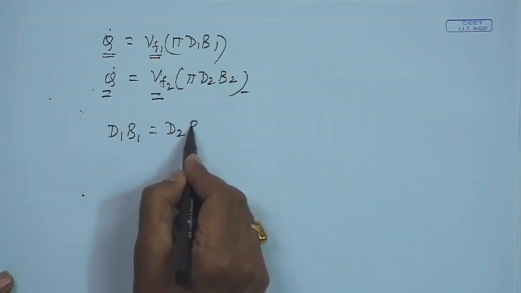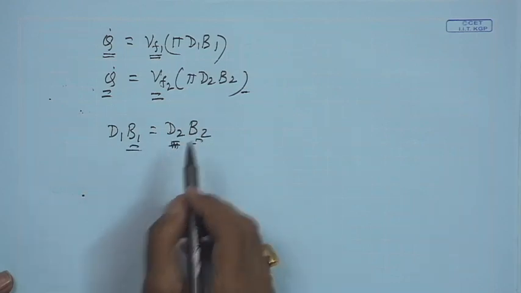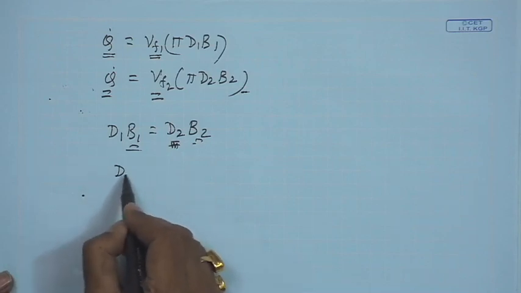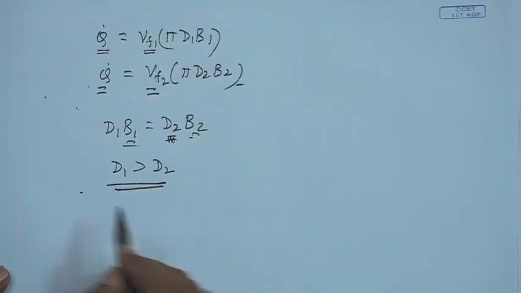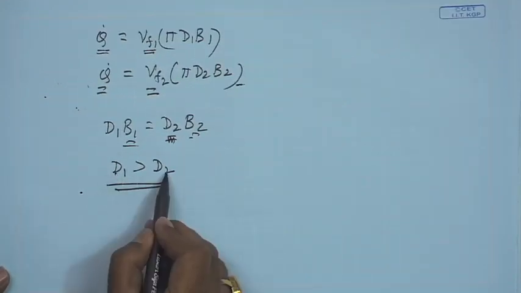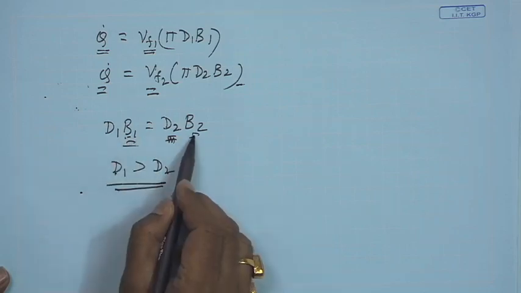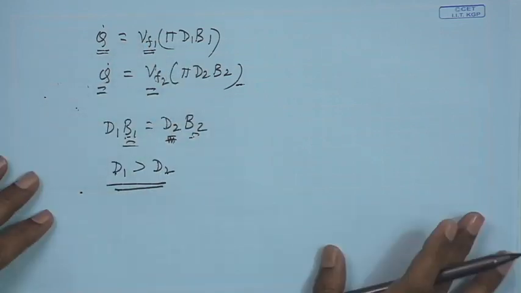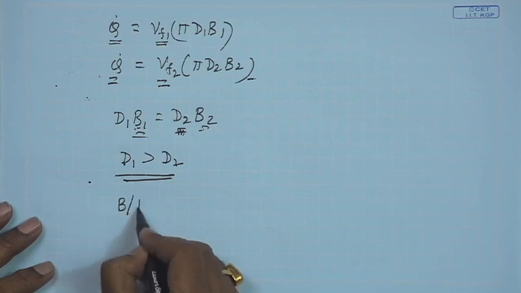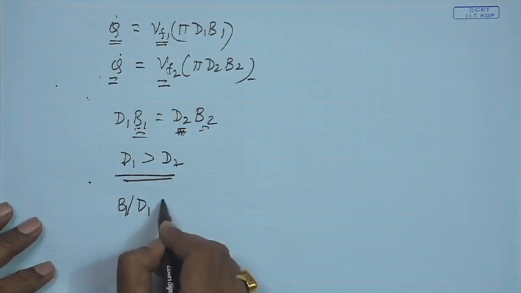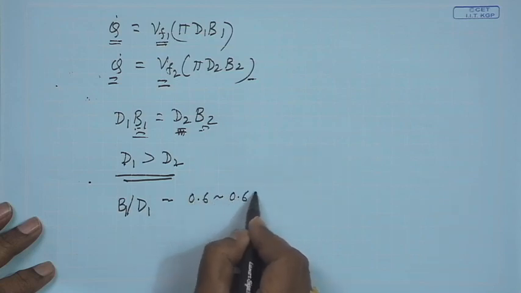That means, the width or height increases from inlet to outlet, because inlet d1 is greater than d2, it is radially inward flow. That means, the inlet diameter is more than the outlet diameter. So, therefore, inlet width or height is less than that at the outlet. So, this is the concept for this geometry, and usually the value of B1 by D1 at the inlet is kept between 0.6 to 0.66.